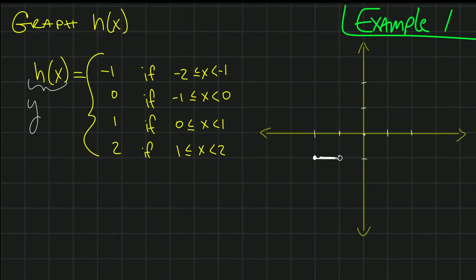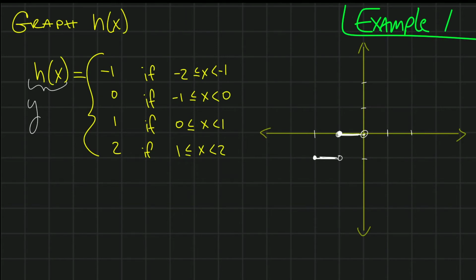We have x is less than 0. We have an open circle there, and at -1 we have a closed circle for where y is equal to 0. So that's going to be on the x-axis. So I put an open circle, closed circle, fill in between.